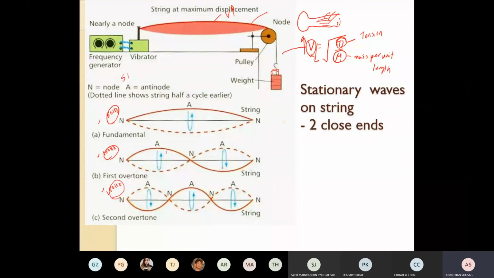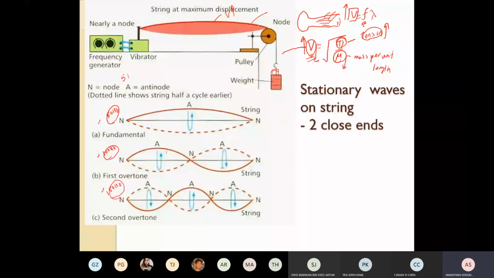Okay, so what to do with the speed? v equals f lambda. The speed of sound is going to affect the frequency of the sound produced. So when you play the guitar, the higher tension and thinner wire, the lower mass per unit length, will result in the greatest speed of sound.